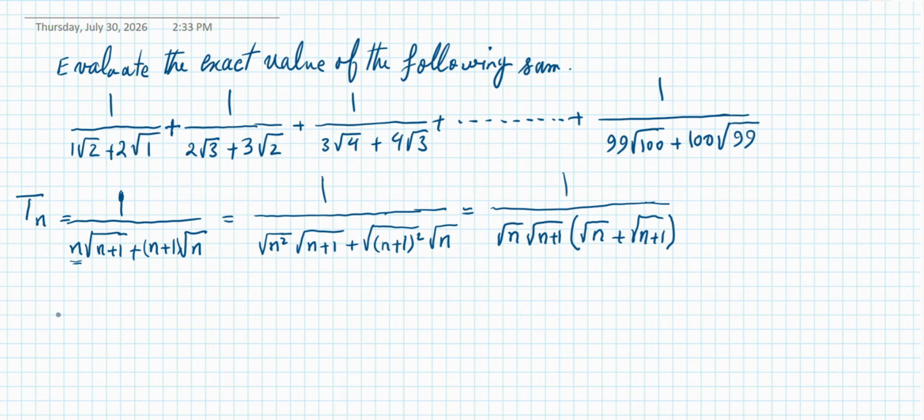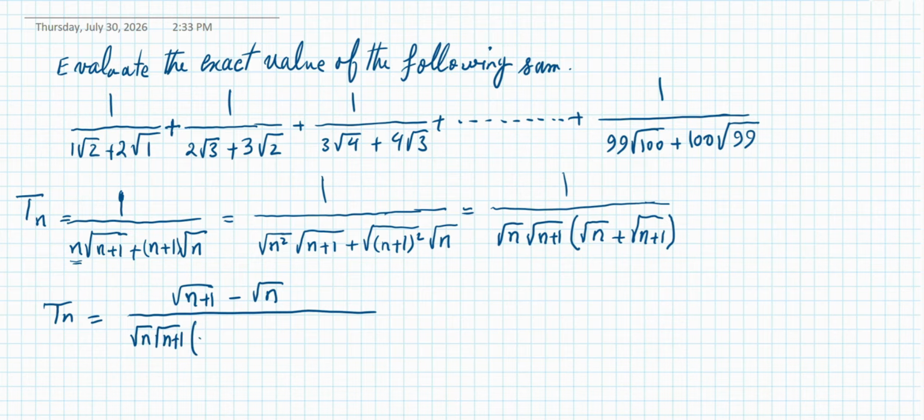So here we get Tn equal to the square root of n plus 1 minus the square root of n, divided by the square root of n, the square root of n plus 1, times the square root of n plus the square root of n plus 1, times the square root of n plus 1 minus the square root of n.